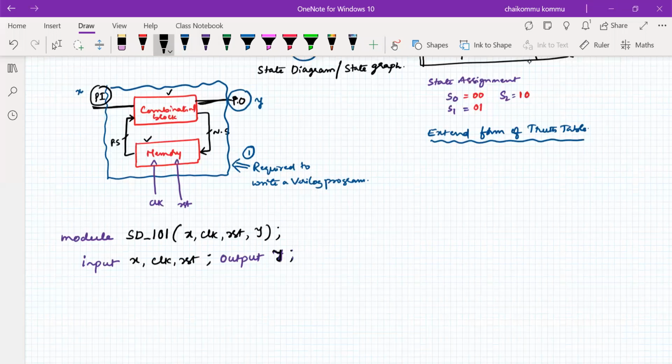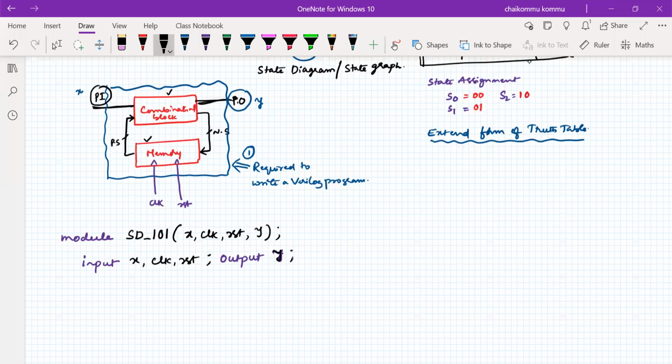If I know the internal structure of the memory and of the combinational circuit, then I will go for dataflow modeling, or maybe structural modeling. But I don't know the internal structure of the memory element or of the combinational circuit. Therefore, it is better to write it in the form of behavioral modeling, because we know the behavior of the memory and the behavior of the combinational circuit.